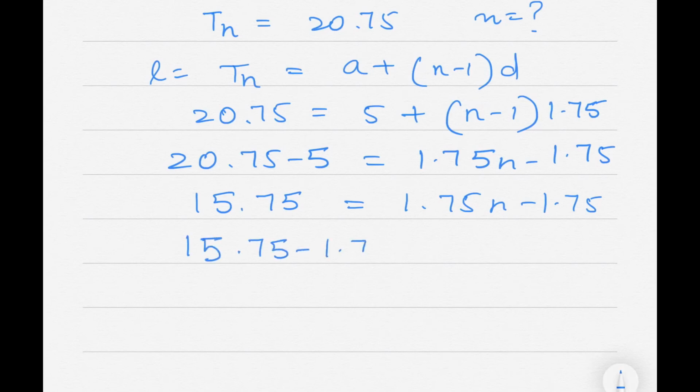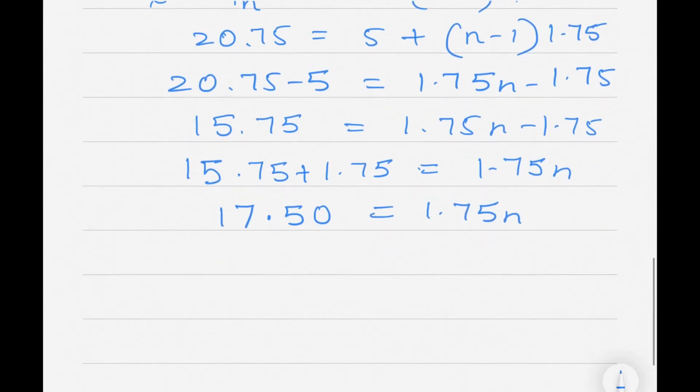Now 15.75 plus 1.75 is equal to 1.75n. So how much does this become? 75 plus 75 is 150, so 0.50, and then 15 plus 1 plus 1 is 17, so 17.50 is equal to 1.75n.